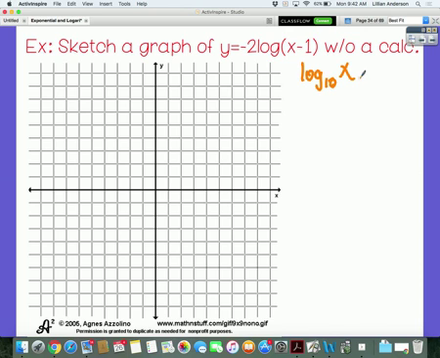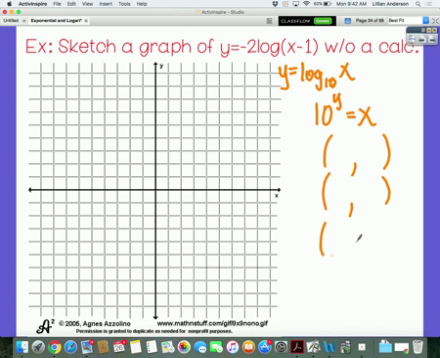Okay? So if I wanted to write this in exponential form, it's going to be 10 to the y equals x.